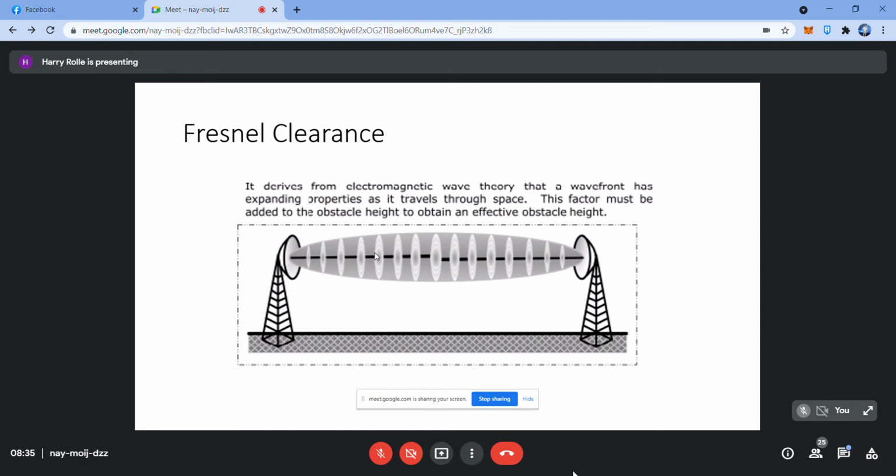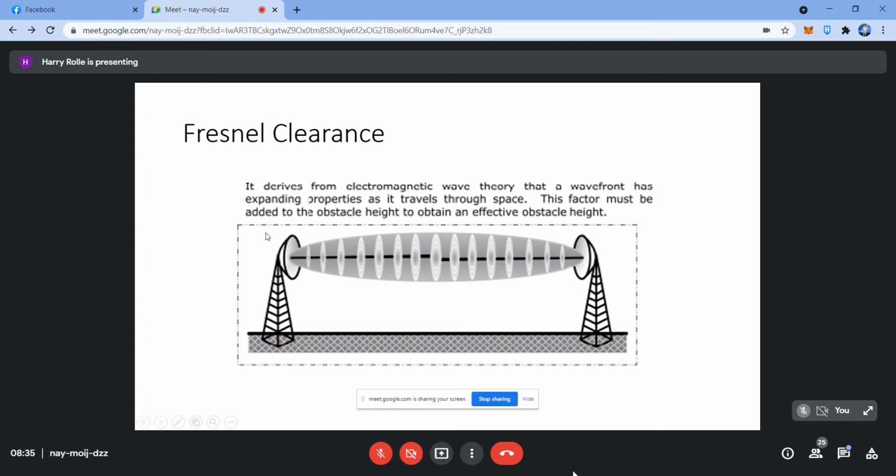By the way, the person who discovered the Fresnel clearance is Augustin Fresnel. He is a French physicist that defined the propagation of radio wave as a three-dimensional elliptical path between the transmitter and the receiver.